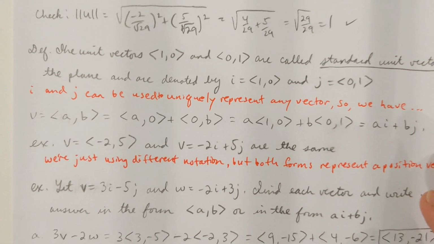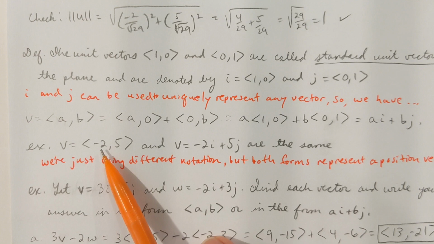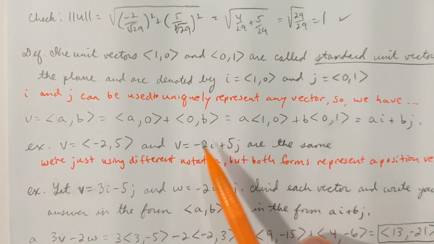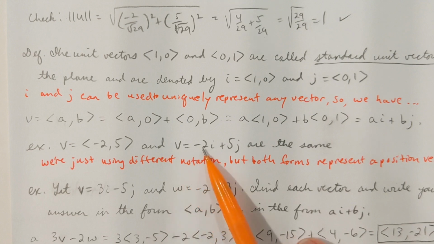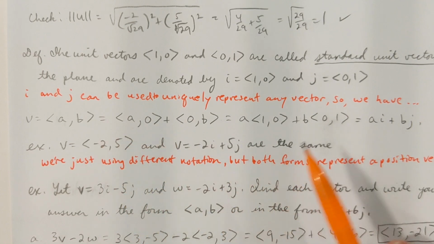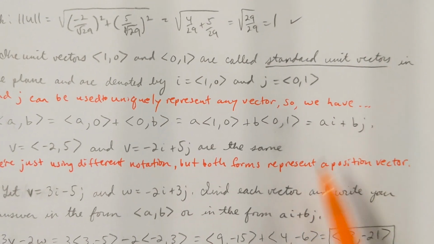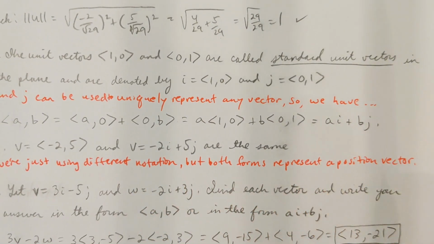So in this problem here, vector v, which is represented by the position vector <-2, 5>, and vector v, which is represented by -2i plus 5j, are exactly the same thing. It's just a notational thing, right? Both forms represent a position vector.